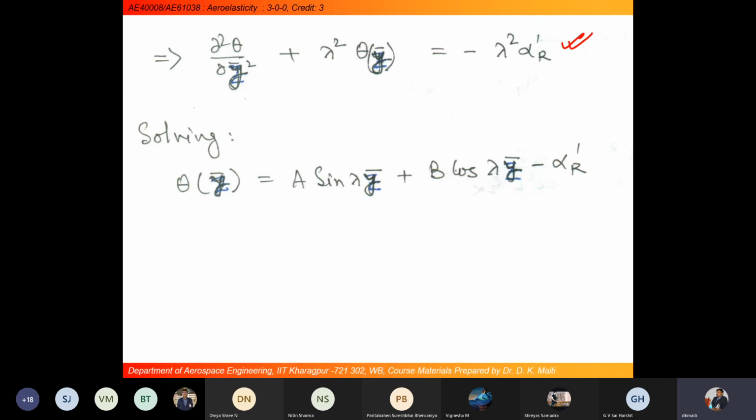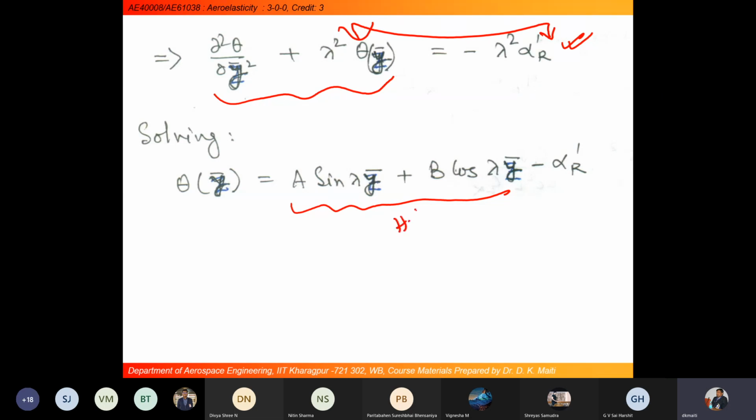We can get the solution of this equation from the homogeneous solution and the particular integral. The homogeneous solution gives a sin lambda y bar plus b cos lambda y bar, and the particular integral is minus alpha r prime.